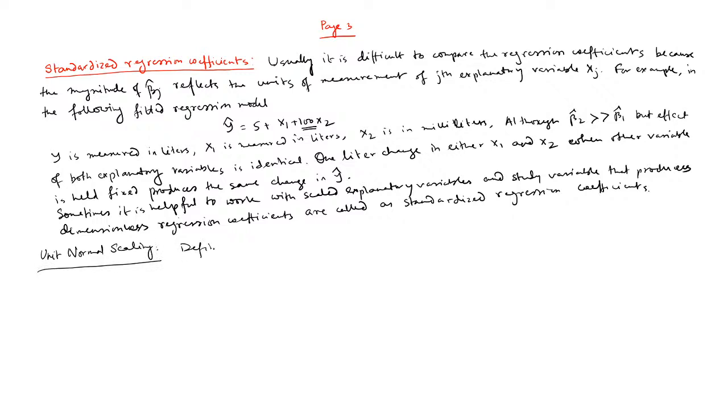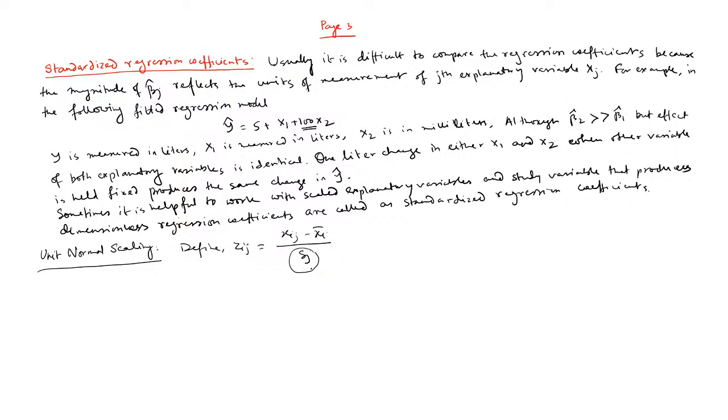So define zij, which is equal to xij minus xj bar divided by Sj. This is the z score corresponding to xij, where Sj square is the sample variance corresponding to the jth explanatory variable, so Sj is the sample standard deviation.